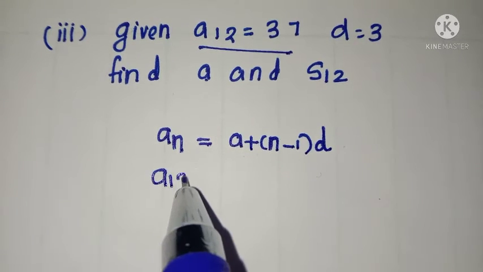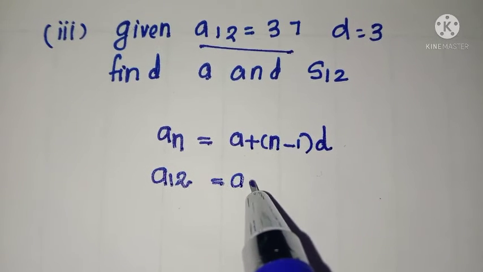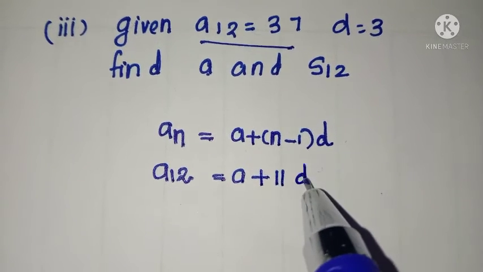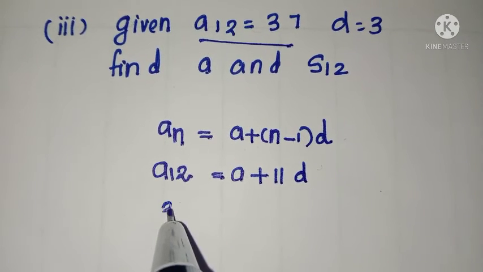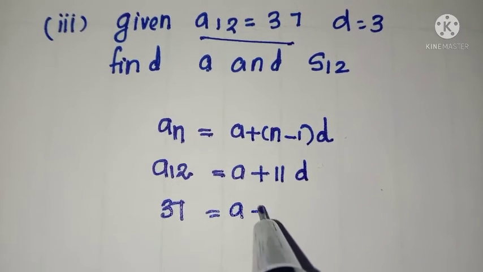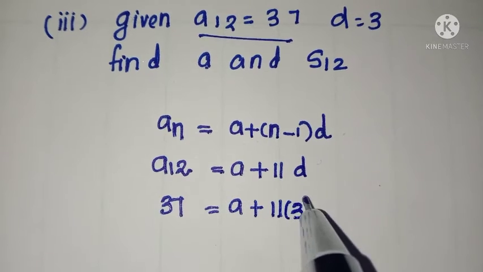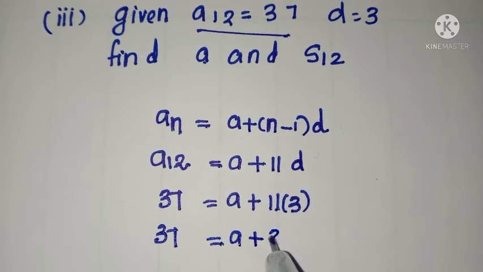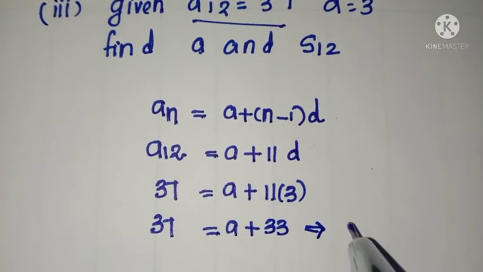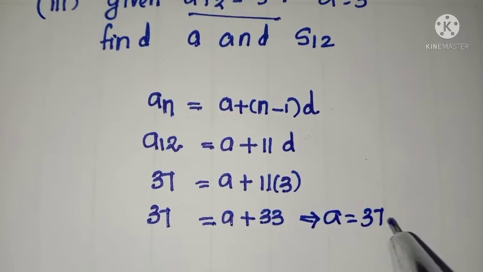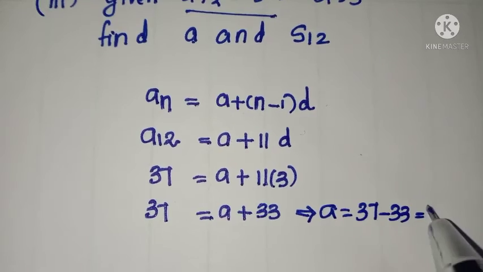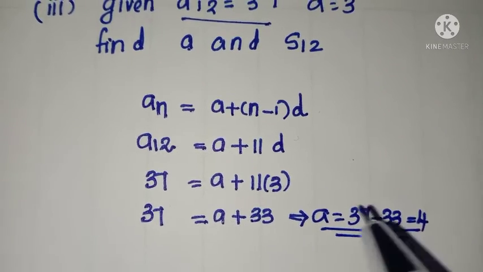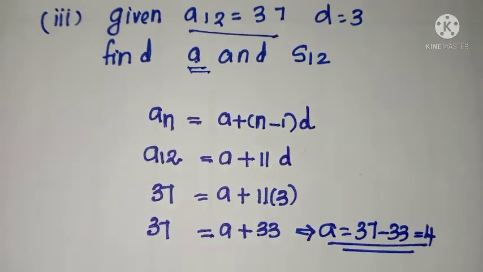So what is a12? a12 is a plus 11d. Here a12 is given and d is given. So replace. So 37 equal to a plus 33 or a is equal to 37 minus 33 gives 4. So first term is equal to 4.